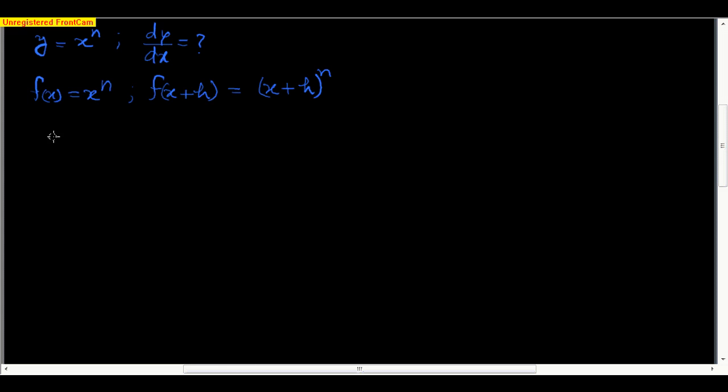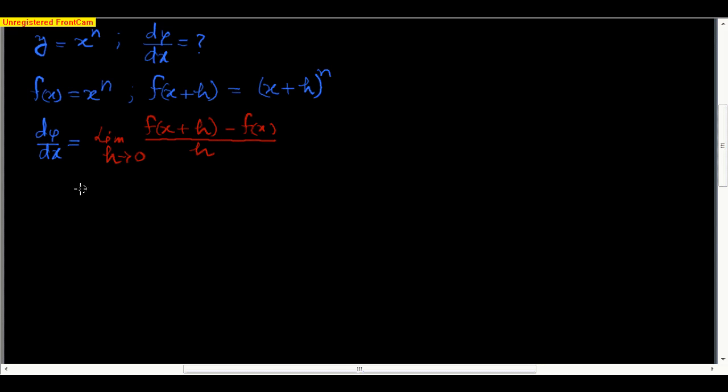Now we have the formula for dy dx. dy dx is equal to limit h tends to 0 of f of x plus h minus f of x upon h.